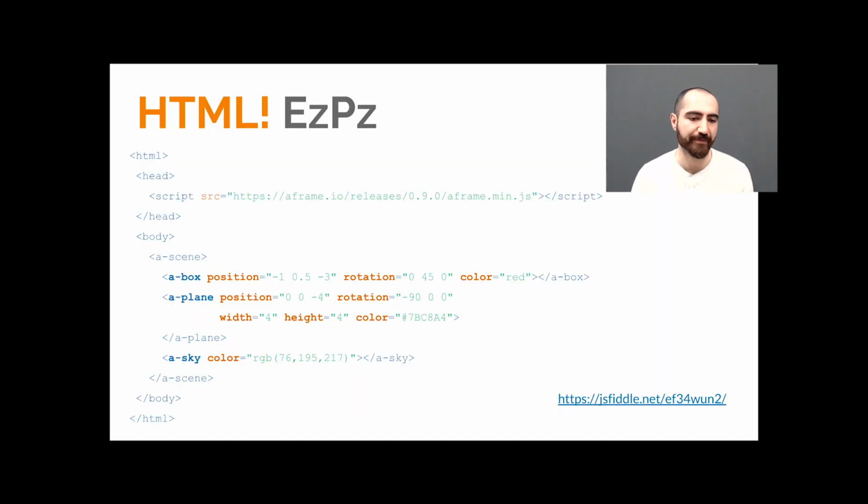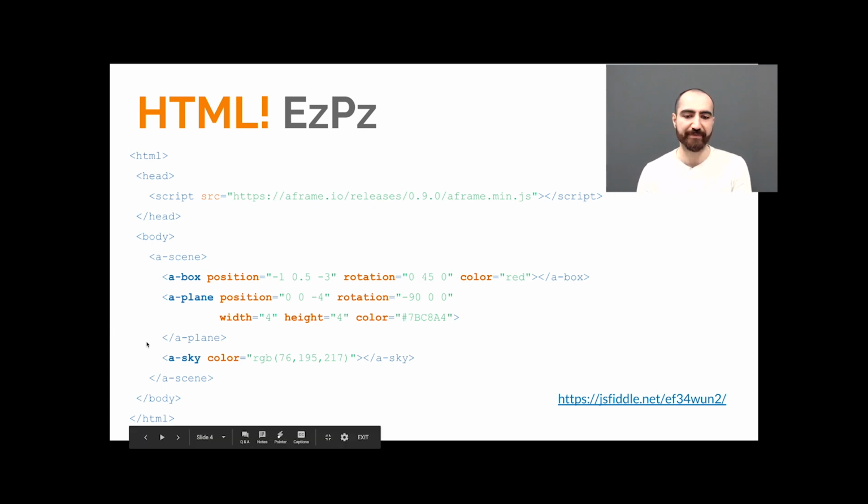So let's look at some of the A-Frame markup. If you're familiar with web development, you're probably going to be familiar with what's on the screen right now. We have our basic head where we have our A-Frame script included, and then we have our body, which includes our page. If you notice here, we have a scene which holds all our primitives or entities or whatever you want to call it.